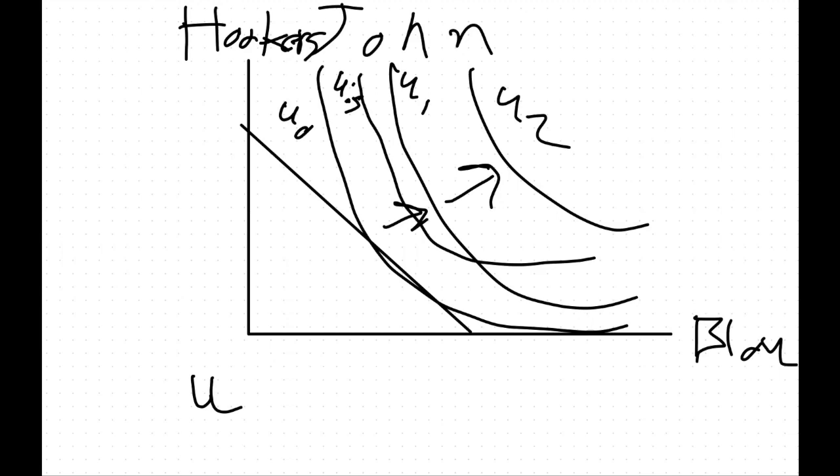This curve and this curve are different curves, so they have different utilities associated with them. But if they cross, that means that at this point they have the same utility, and so for the same amount of goods you have two different possible amounts of utility. And that doesn't make sense.